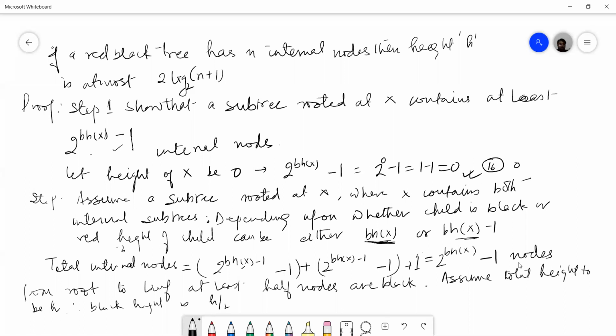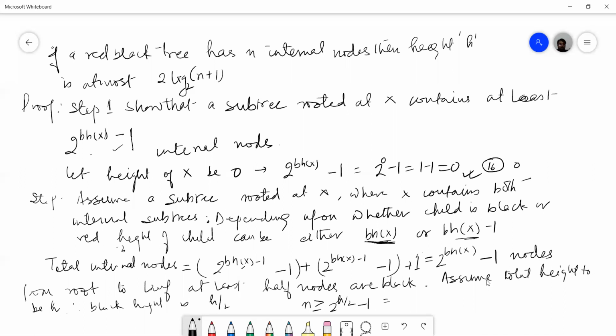So according to this formula, internal nodes, that is n, is basically the total number of nodes here. So the total number of nodes will be greater than or equal to 2 to the power h by 2 minus 1.